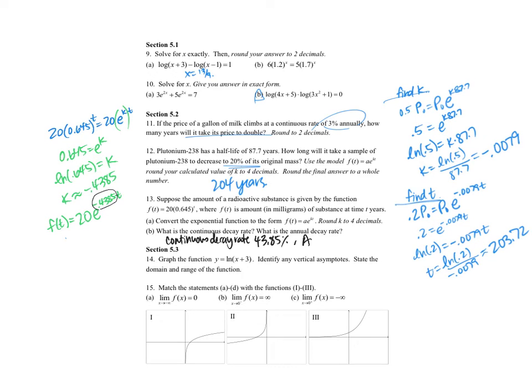And for the annual rate, I'm going to take 0.645 equal to 1 minus the annual rate. So I can say that the rate is equal to 1 minus 0.645, which is 0.355. So that's 35.5%.